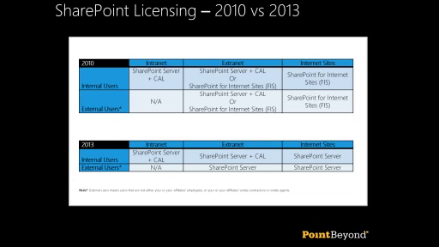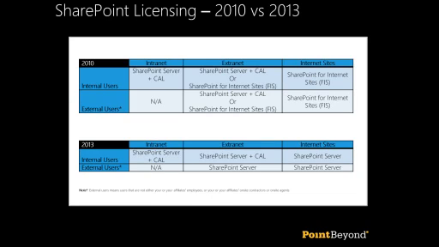The other big change is that you no longer require SharePoint for Internet Sites licenses to allow people who are external to your organization to access SharePoint. With 2010, if you had external users, say accessing an extranet, you either had to buy a client access license for every one of those external users, or you had to buy a SharePoint for Internet Sites license, which was quite an expensive license.